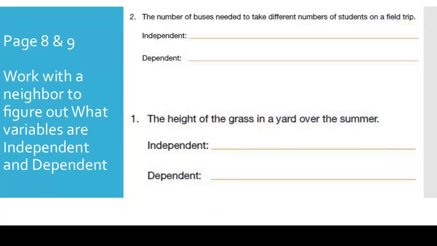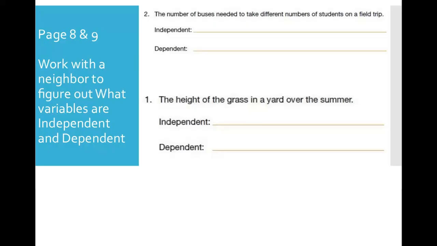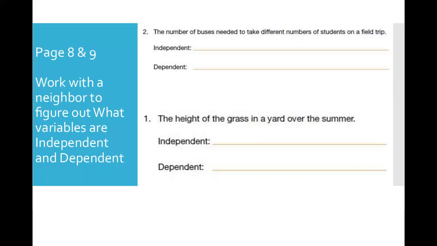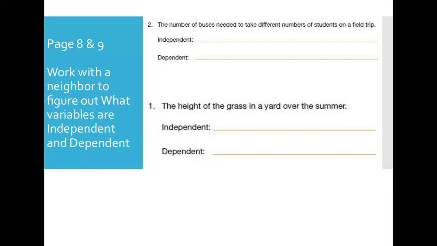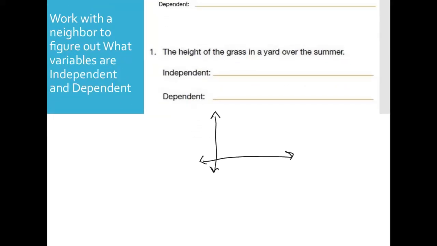If I have a coordinate plane, it's going to be along the x-axis. So if I draw a coordinate plane like this, your independent variable is whatever you are talking about along the x-axis. Independent. Not the independent axis. Independent variable.